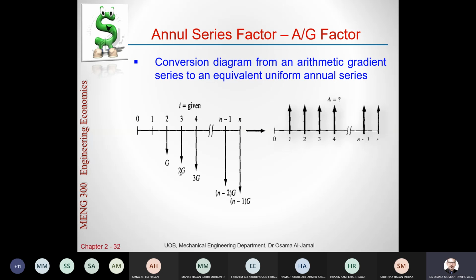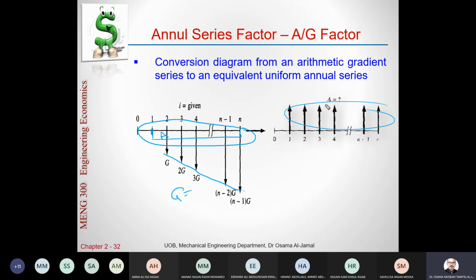Whenever you want to find the A given G, we have an increment here. And by the way, we have two calculations. We have another base amount already hidden in there, which we're going to use later on. So for this gradient, you can find an annuity for it, then add that base annuity directly.